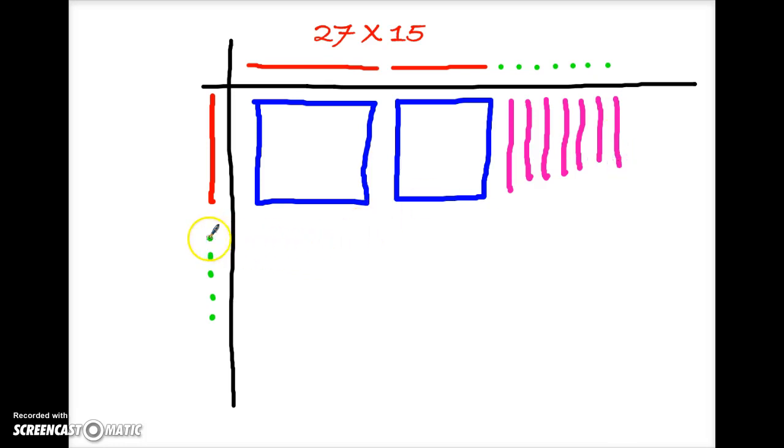Now we're ready to multiply by the 1. 1 times 10 will be 10. And 1 times 10 is 10. And then our 1 times 1. I need 7 singles.